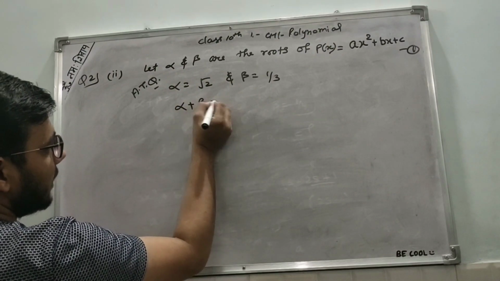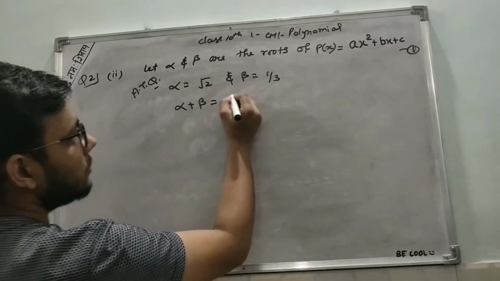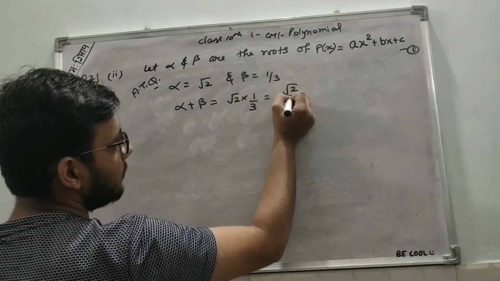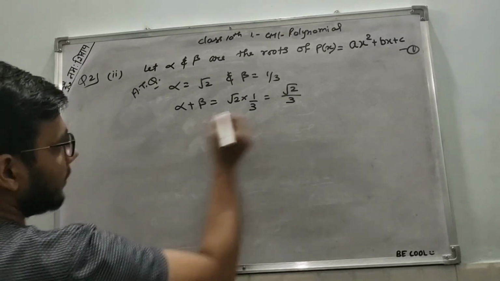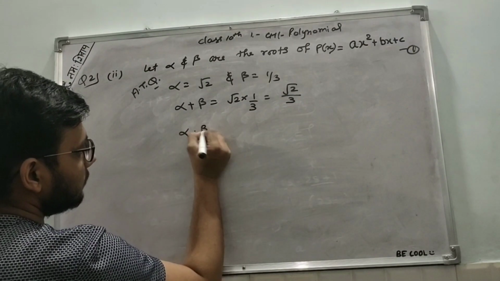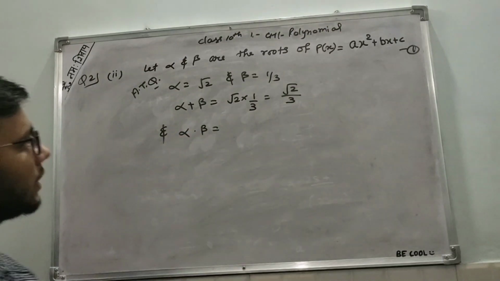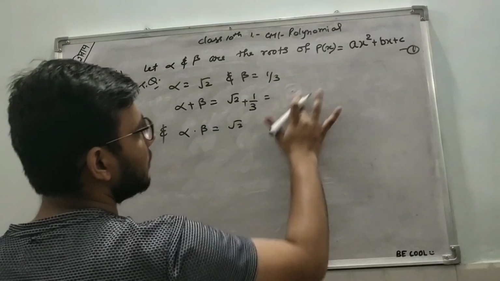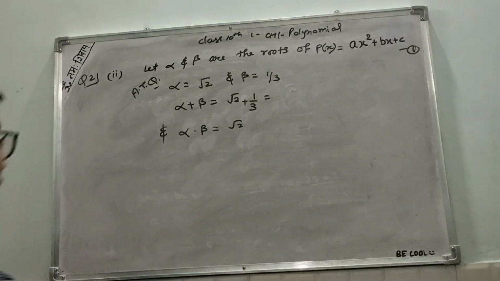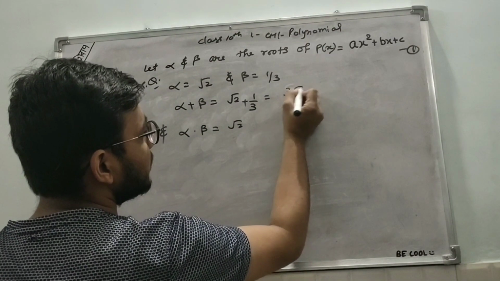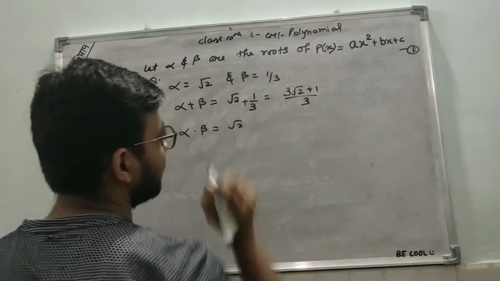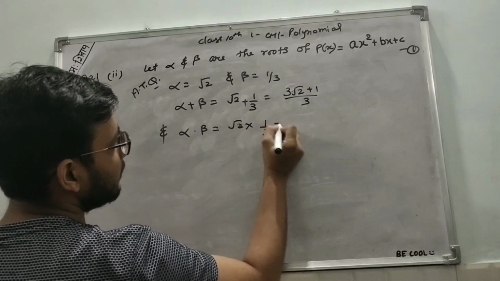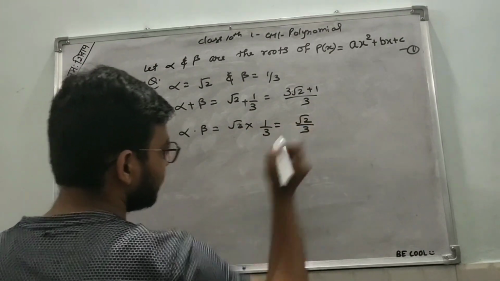We get alpha plus beta is equal to root 2 plus 1 by 3, which gives you root 2 plus 1 by 3. Now alpha into beta gives you root 2 into 1 by 3, which is root 2 by 3.